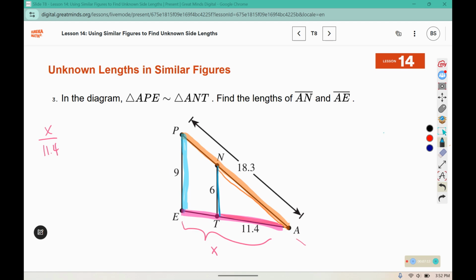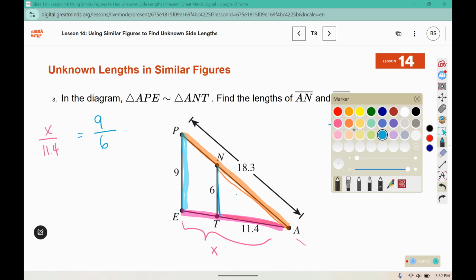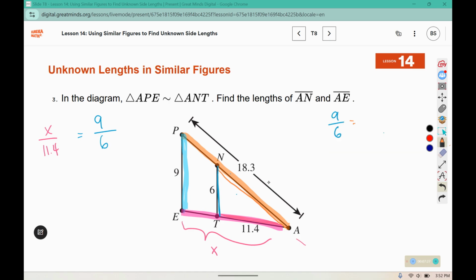Then I have 9 and 6. I'm going to use the 9 and the 6 to help with finding AN as well. The big one here for the orange is 18.3, and the small one is unknown. Again, we can use the letter y. We're going to cross multiply.